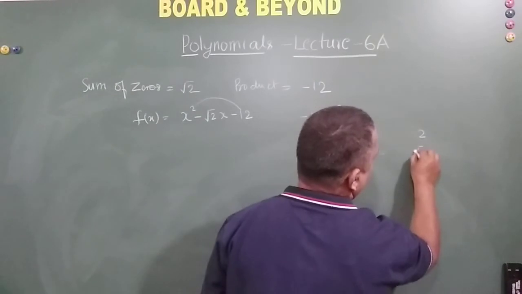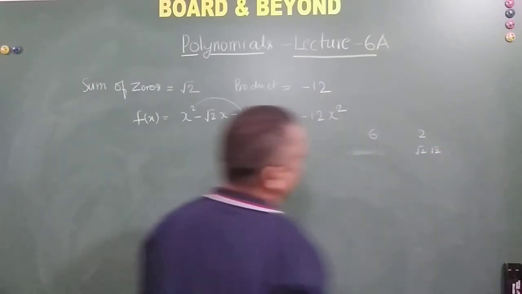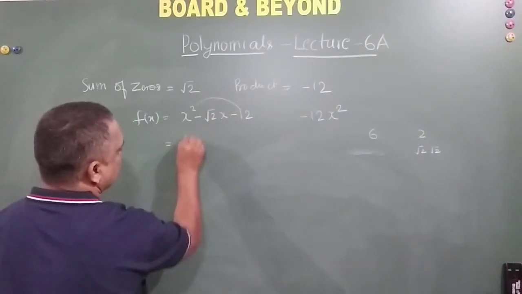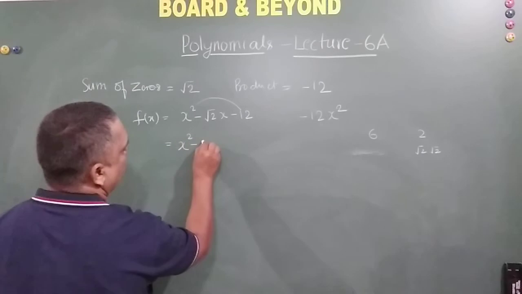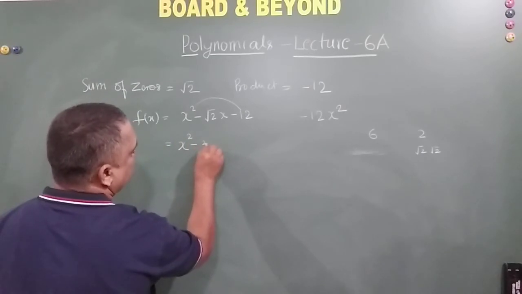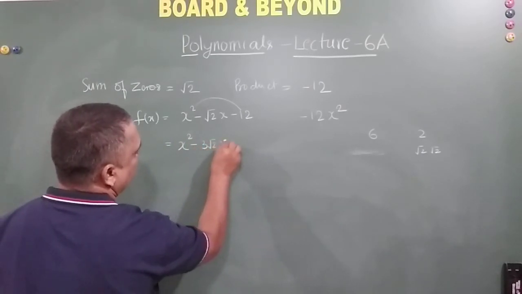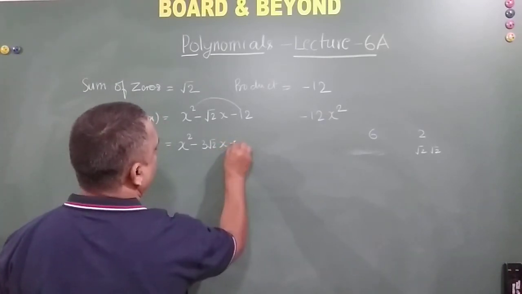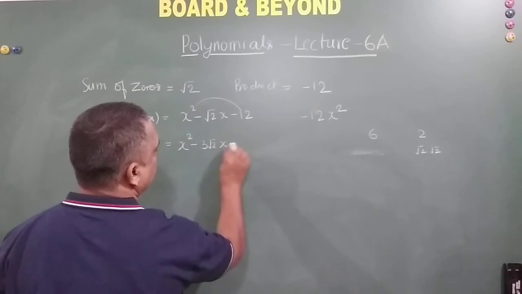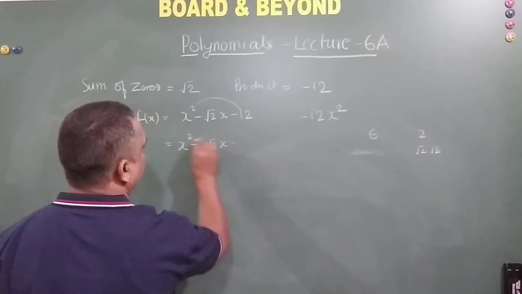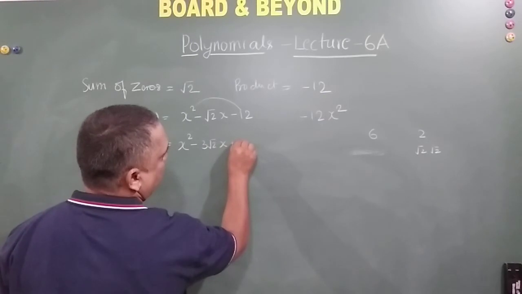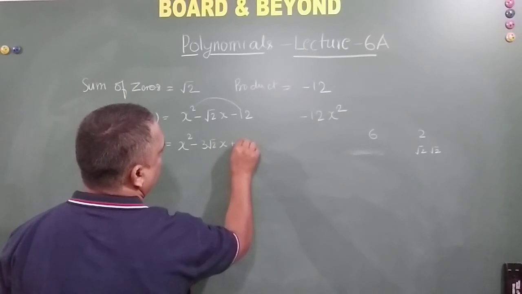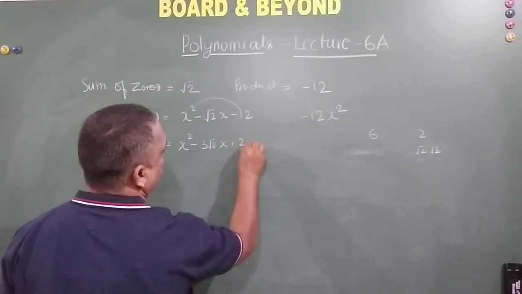And this is root 2 into root 2. Okay. So now x square minus 3 root 2 x, this is 6, plus 2 is nothing but 2x minus 12.